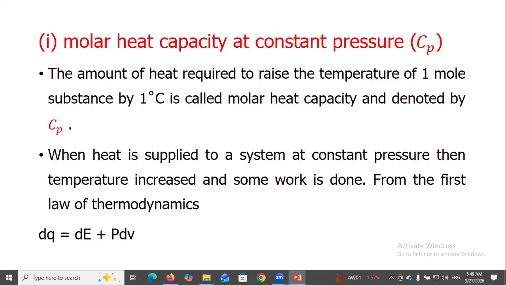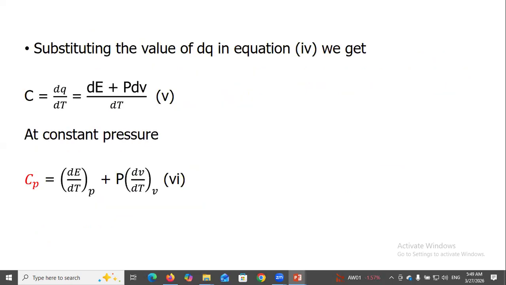When heat is supplied to a system at constant pressure, the temperature increases and some work is done. From the first law of thermodynamics, dq equal to dE plus P dV. Substituting the value of dq in equation 4, we get C equal to dq over dT, which is dE plus P dV over dT.